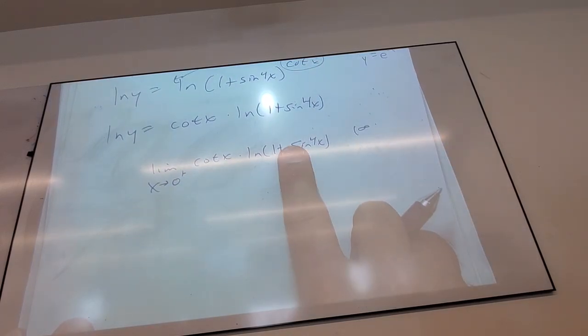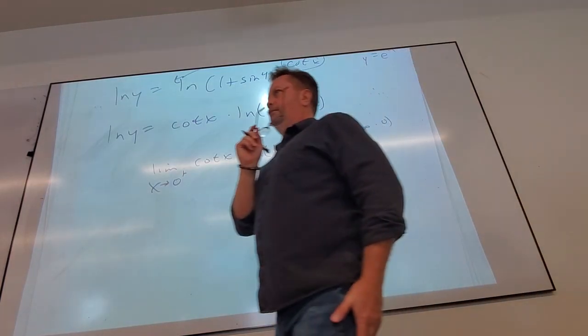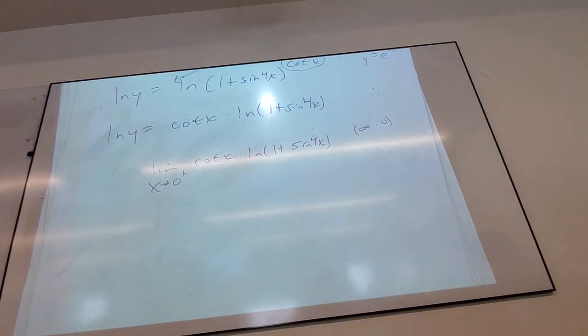And what is natural log of 1 doing? As this goes to 0, natural log of 1 is 0. Is that indeterminate form? Now we know more: 0 over 0, infinity over infinity, and we just talked about 0 times infinity. That is indeterminate.